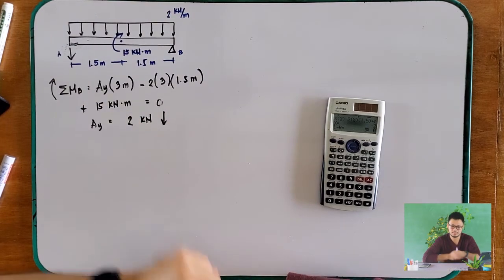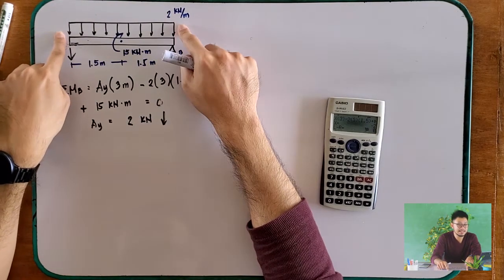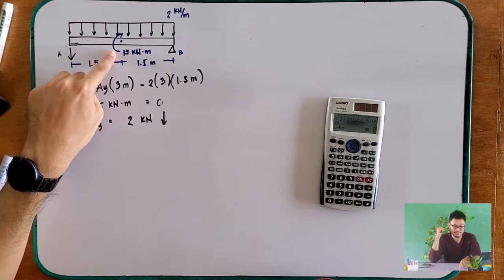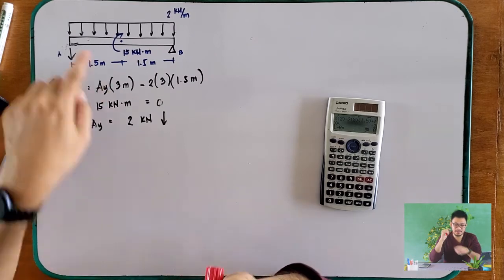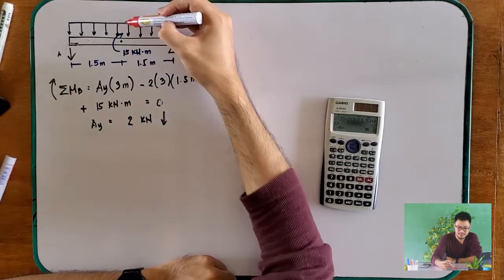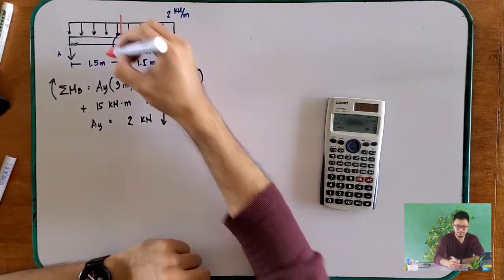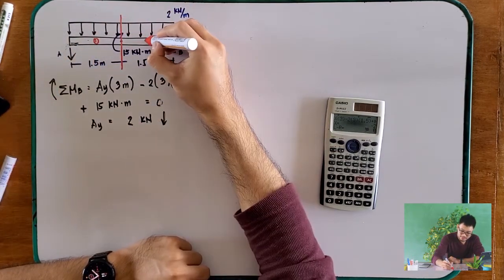So, it can be considered as a single nga segment. But since there is a change of moment sa atong center, then we should account that one. So therefore, duha na siya ka segment. Segment 1 and segment 2.